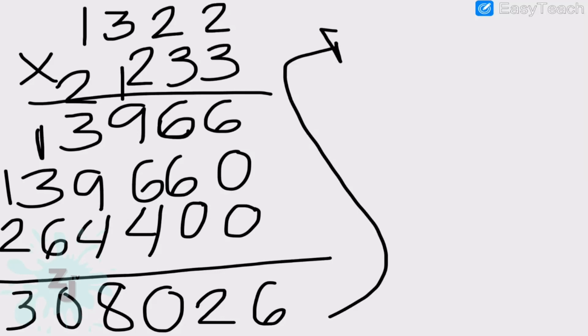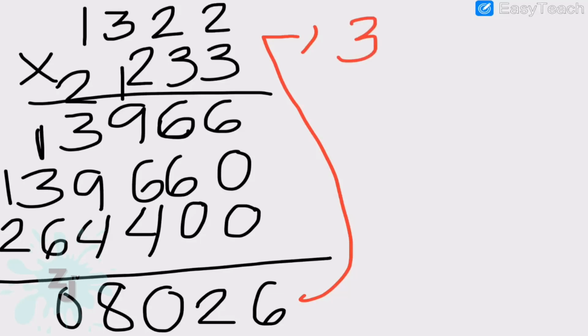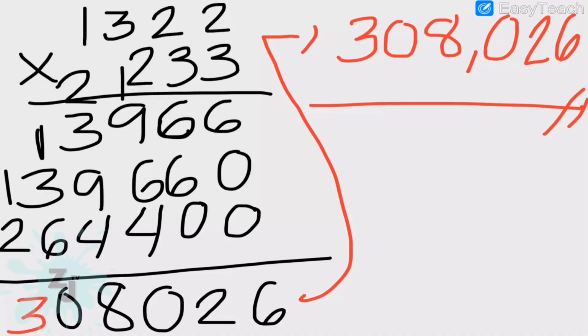Therefore, the final answer would be 308,026. Okay, that is 4 by 3.